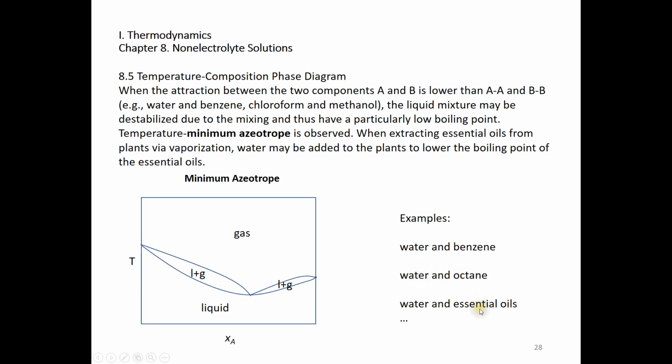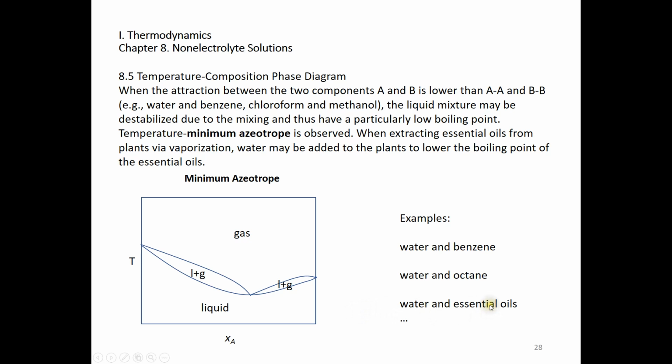Same here with essential oils. Those are really non-polar or low polar, and they attract each other via attractive dispersion, and between water is hydrogen bonding. However, if you mix water and essential oil, there's a much smaller attraction between one water molecule and one molecule of essential oil.